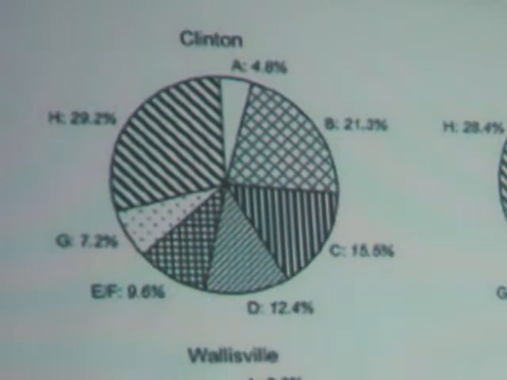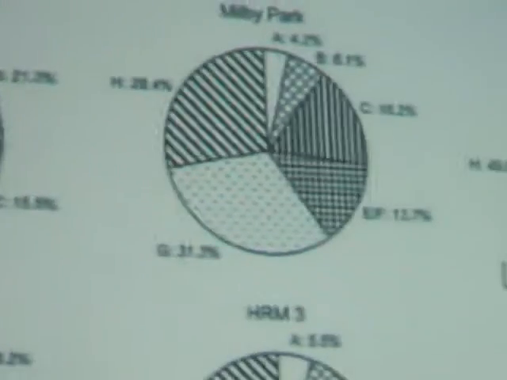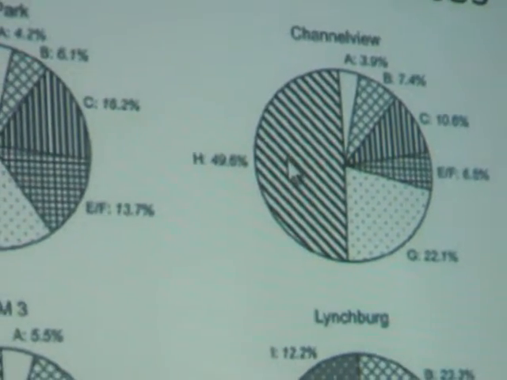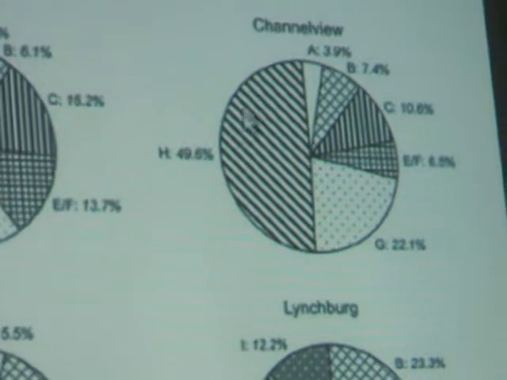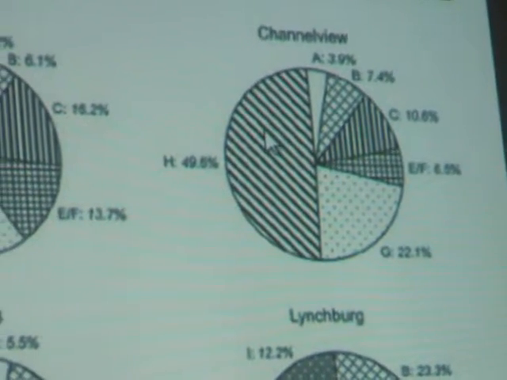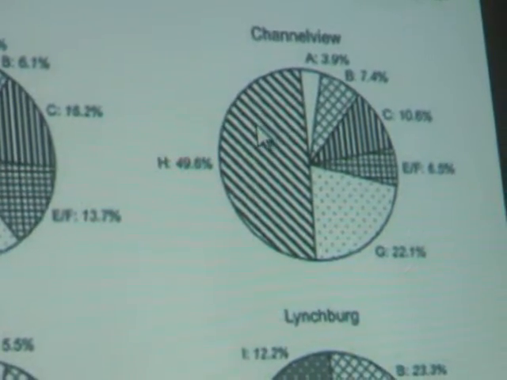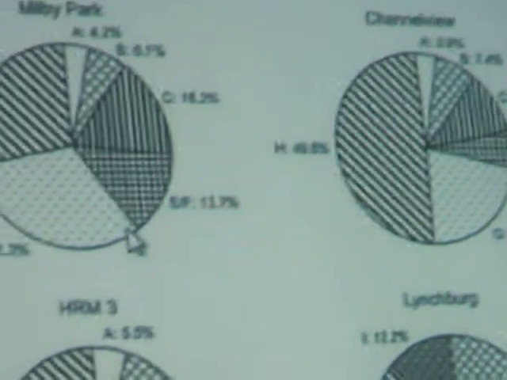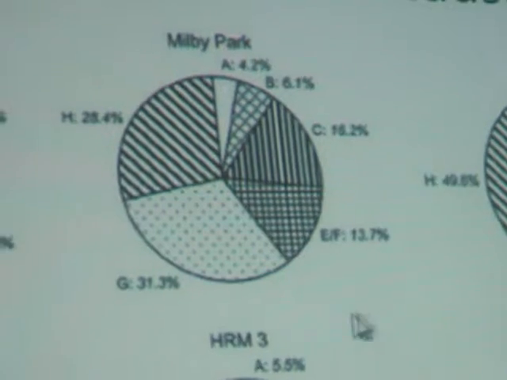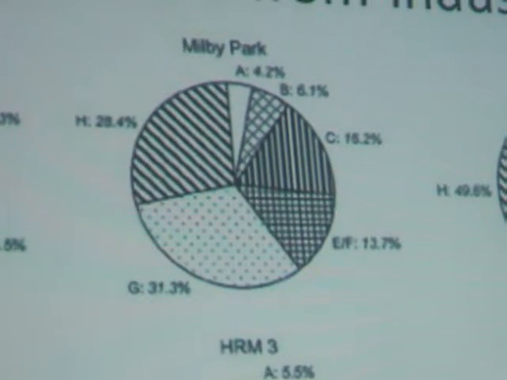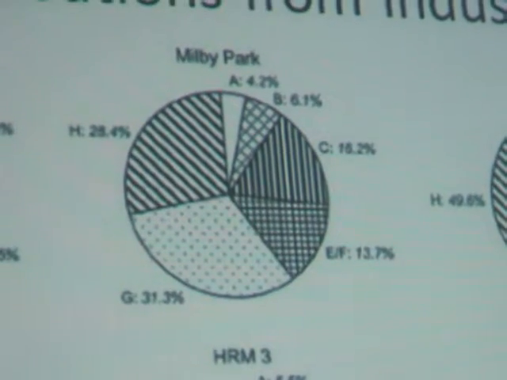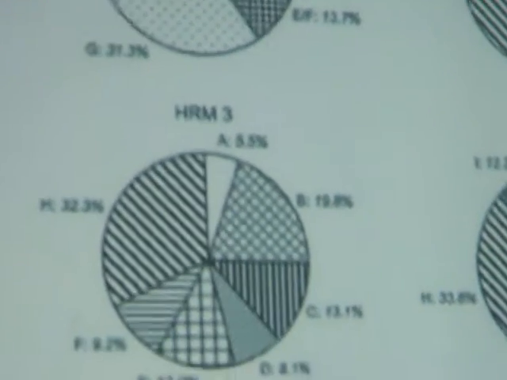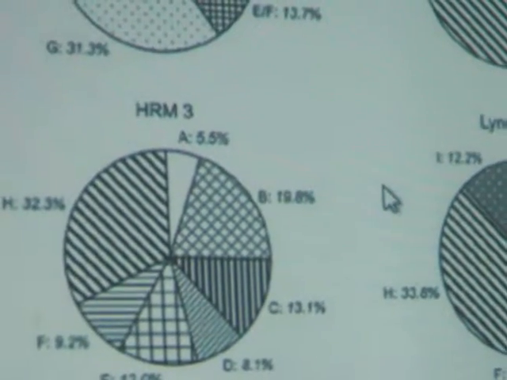And so if this is more of a petroleum refining kind of area than some of the other areas, that helps you identify some of the sources, looking at what's near the monitor.